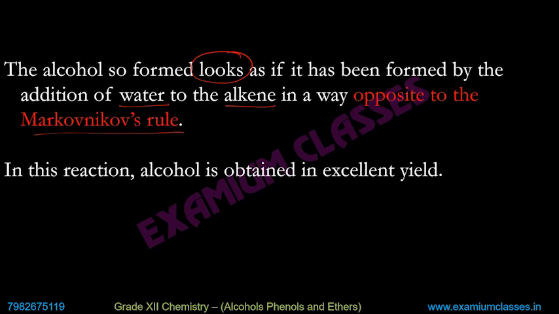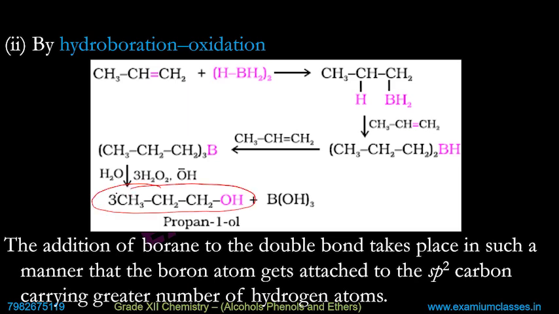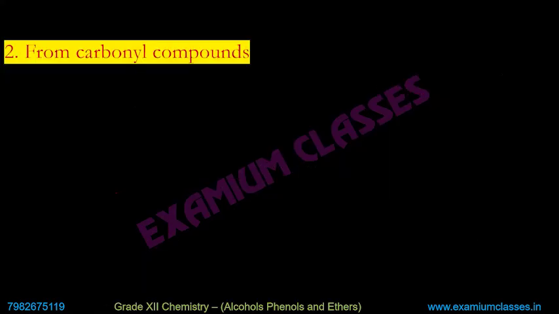That's why this hydroboration oxidation reaction is the preferred method for production of alcohols. Why? Because if you see, three moles of alcohol are produced, so quickly the alkene is utilized there.